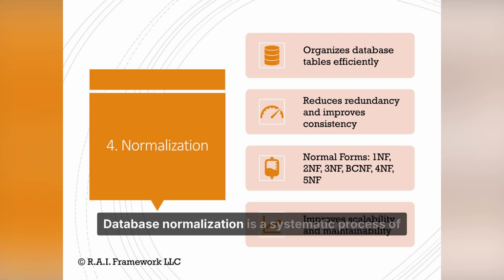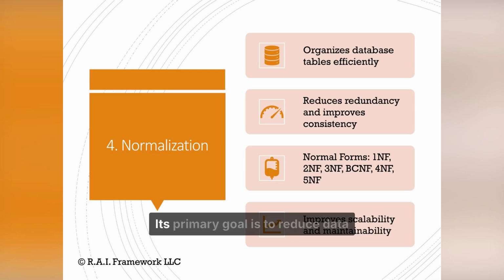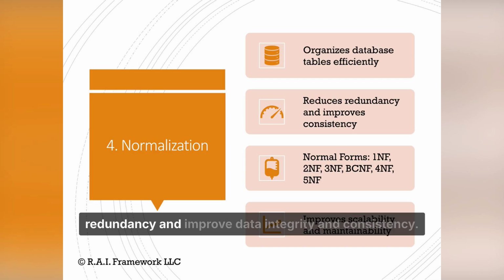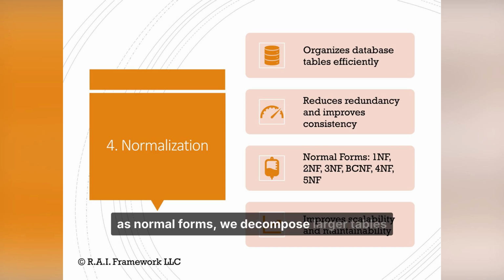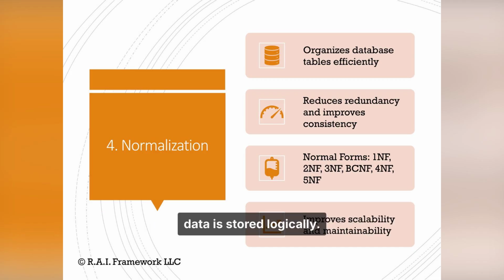Database normalization is a systematic process of organizing the tables in a relational database. Its primary goal is to reduce data redundancy and improve data integrity and consistency. By applying a set of rules known as normal forms, we decompose larger tables into smaller, more manageable ones, ensuring that data is stored logically.